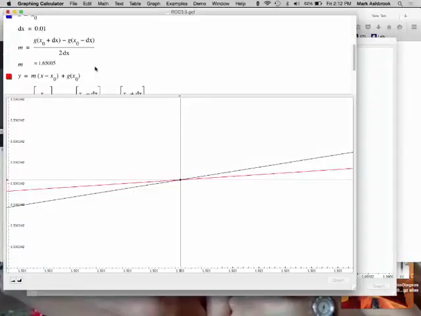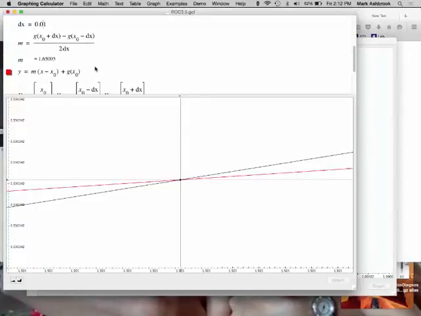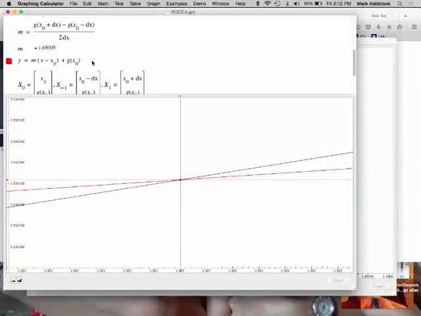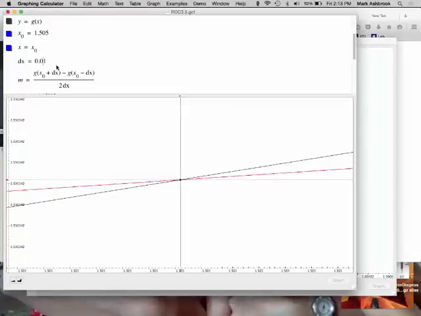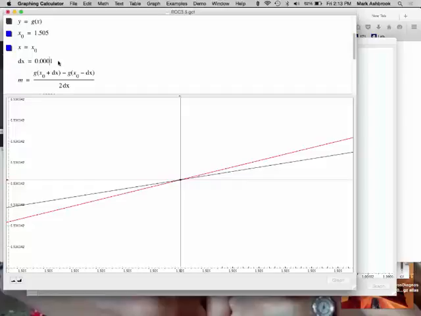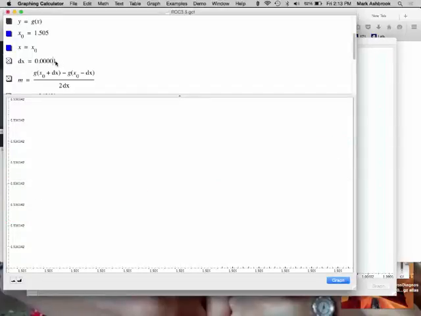Because the red line... Look, okay, here's what's going on. The red line is graphing in terms of m, which is in terms of dx. So this red line is still graphing according to a dx of 0.01. That's why it's not working, so I have to adjust my dx. Do you understand?